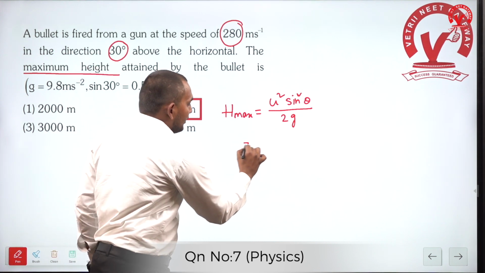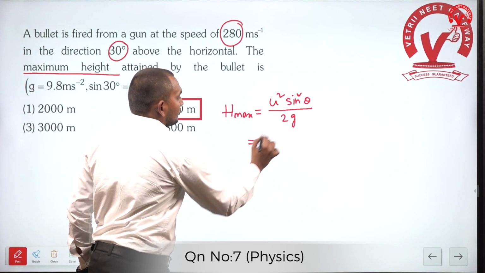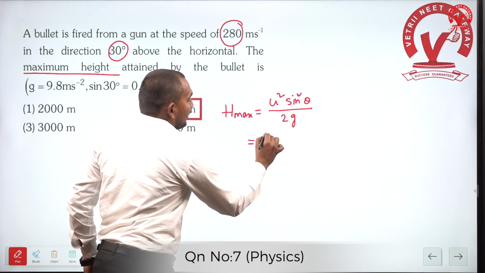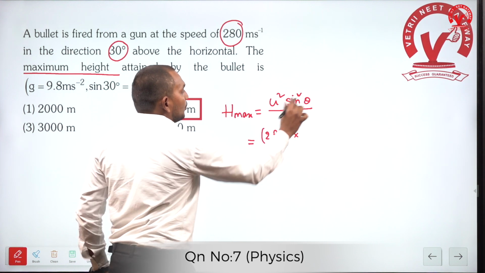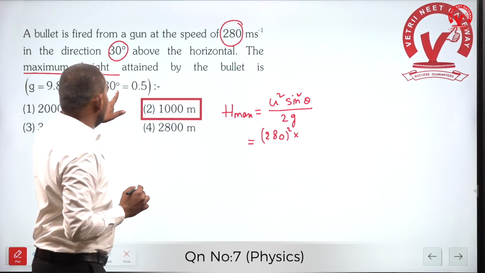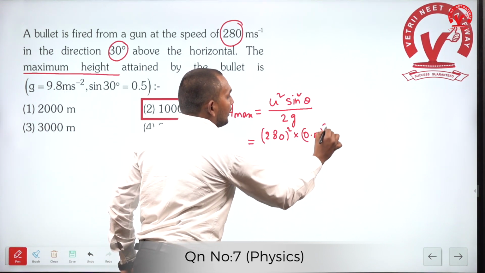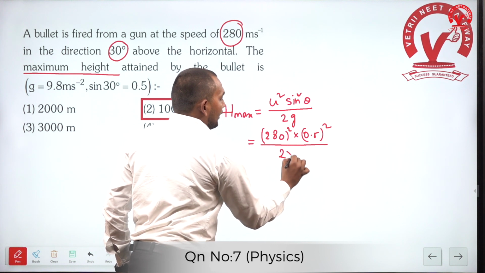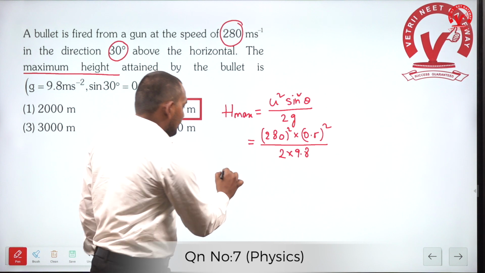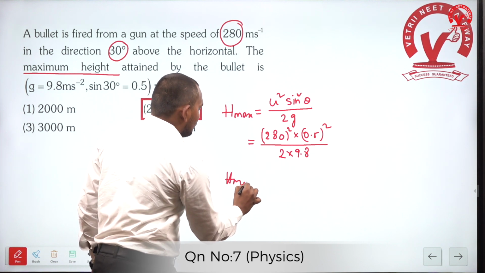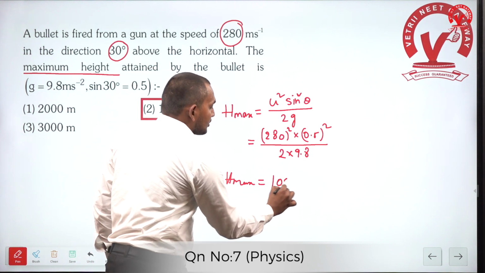And here they gave the values. U value is 280 whole square into sin 30, value 0.5, whole square, divided by 2 into 9.8, and we have to solve it. We will get 1000 meters.